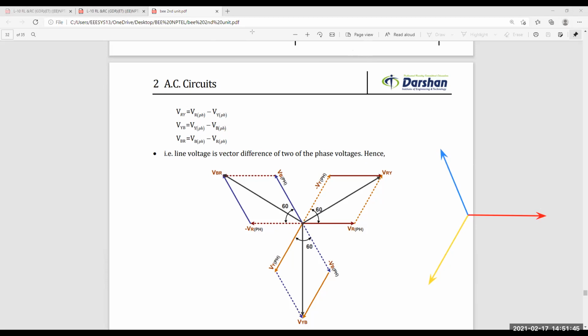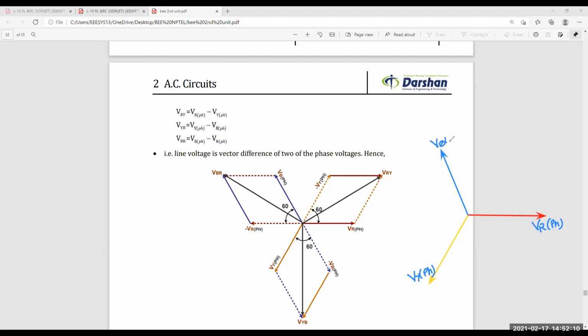Understood? Here the R phase is called VR phase. This is called VY. This is called VB.